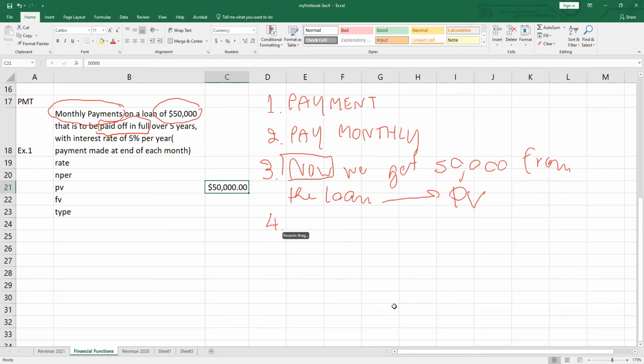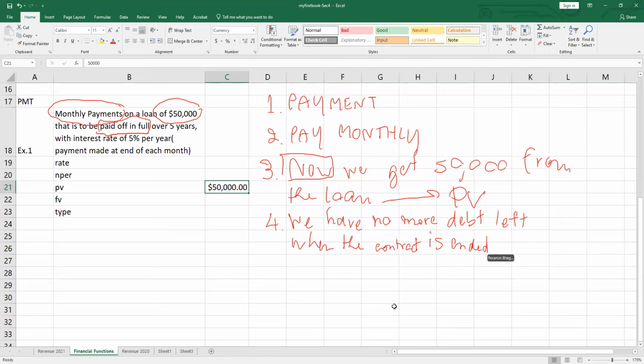That means we have no more debt left when the contract is ended. So what does it mean?